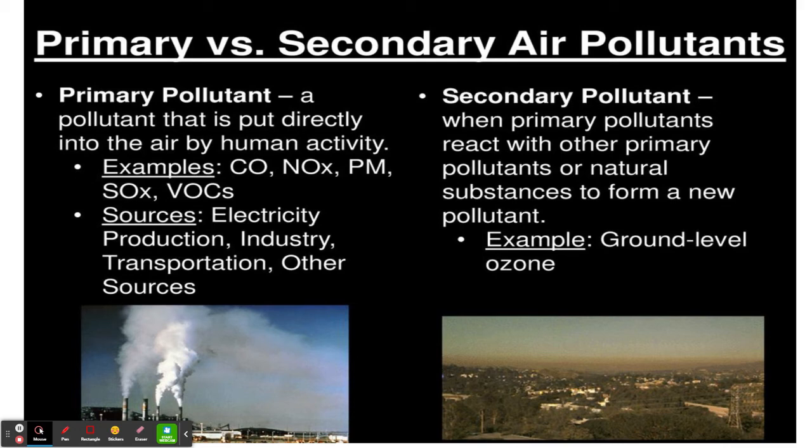As far as secondary pollutants, I told you two already: one being sulfuric acid, another being nitric acid. But a very popular one, which I've seen in multiple exams, is ground level ozone. Here we go. We're going to start confusing you, and you need to pay really close attention because there are misconception alarms going off in my head right now. Ozone is a great gas in the stratosphere. It protects us from UVB radiation. Amazing.